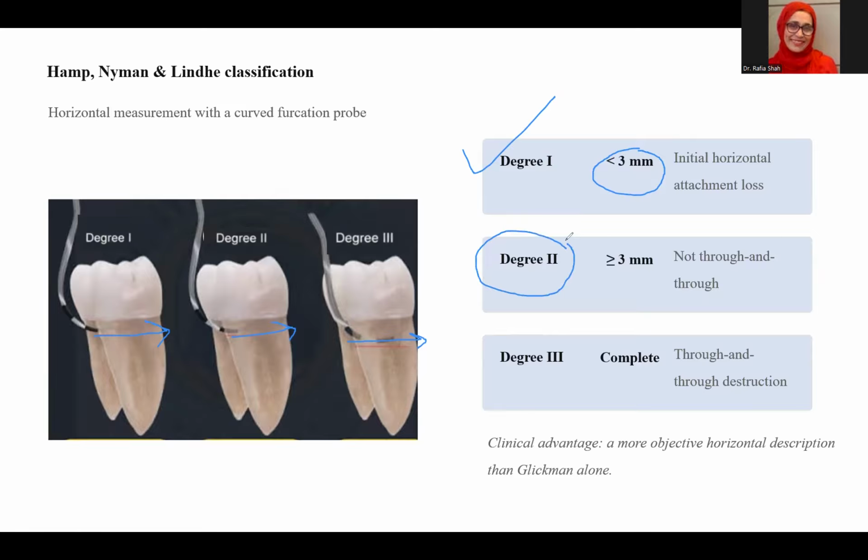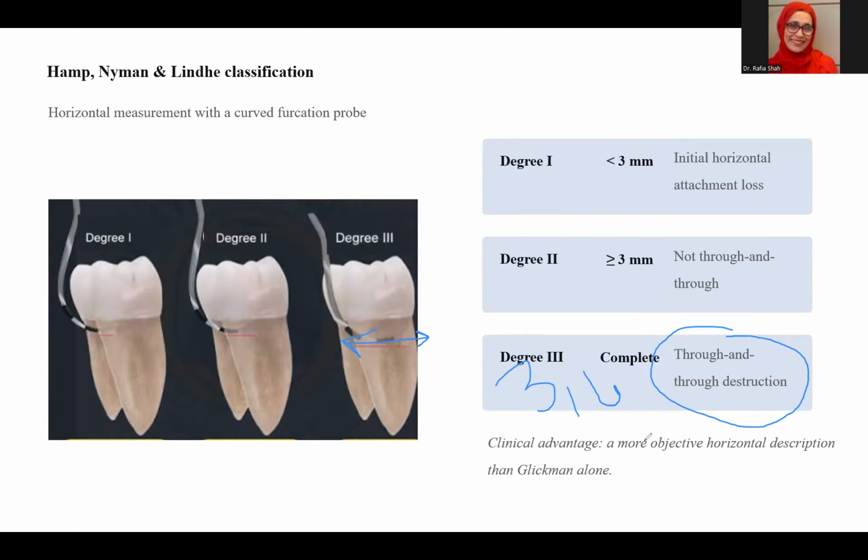Degree 2 is when more than 3 millimeters of the probe enters in a horizontal direction, but not through and through, like Glickman also said, not through and through in the case of grade 2. And degree 3 is when the whole length of the probe enters, and the probe entering from one side comes out the other side in a horizontal direction. It means there is complete horizontal bone loss, and this is called through and through destruction, as graded by Glickman as 3 and 4.